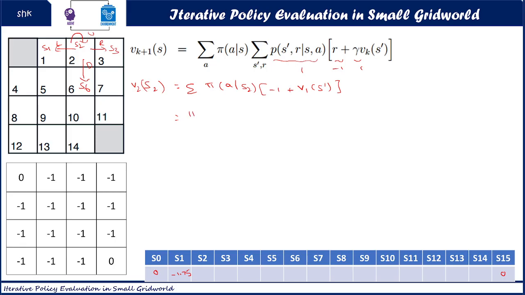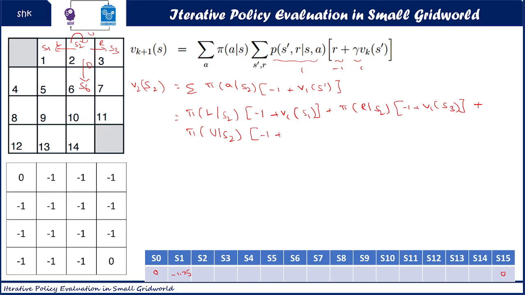So expanding this, pi of the left action from the S2 state, minus 1 plus V1 of S1, because in the S2 state the left is S1, plus pi of the right action from the S2 state. For the right action, the next transition is the S3 state. So you write minus 1 plus V1 of S3, plus pi of the up action from the S2 state.